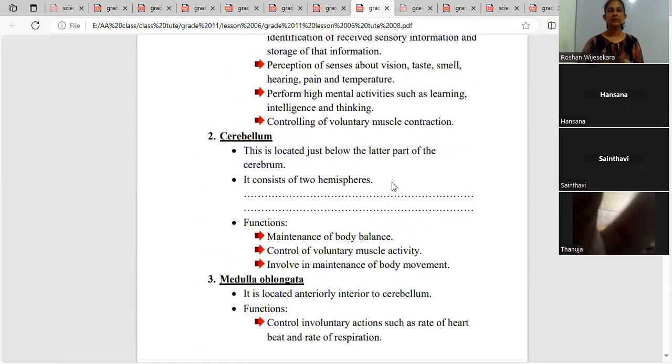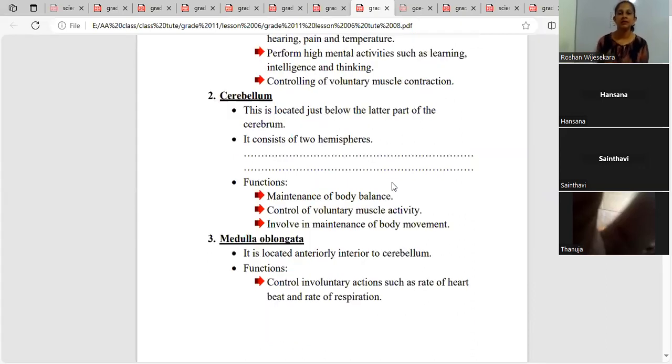The function of the cerebellum. The cerebellum was also asked. Maintenance of body temperature, control of voluntary muscle activity, and body balance. Not body temperature, sorry, body temperature is maintained by the hypothalamus. The function of the cerebellum is maintenance of body balance and control of voluntary muscle activity, and it is involved in maintenance of body movement.